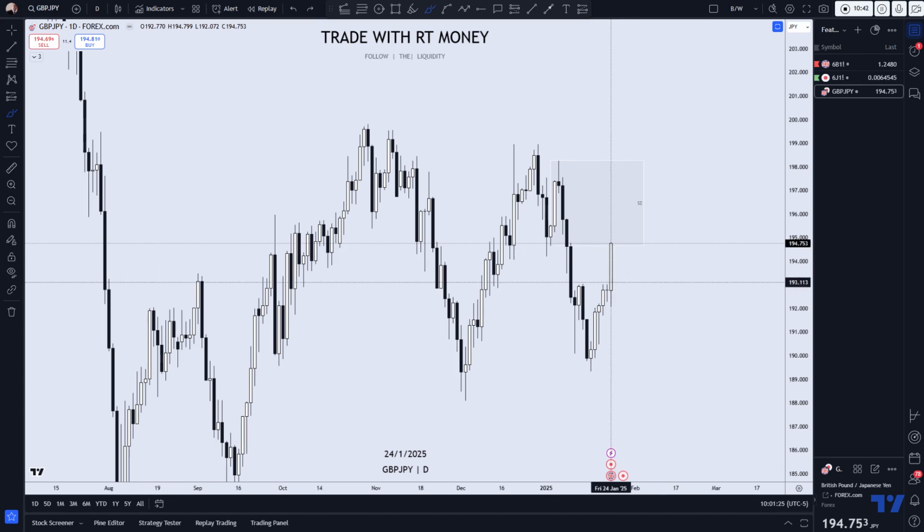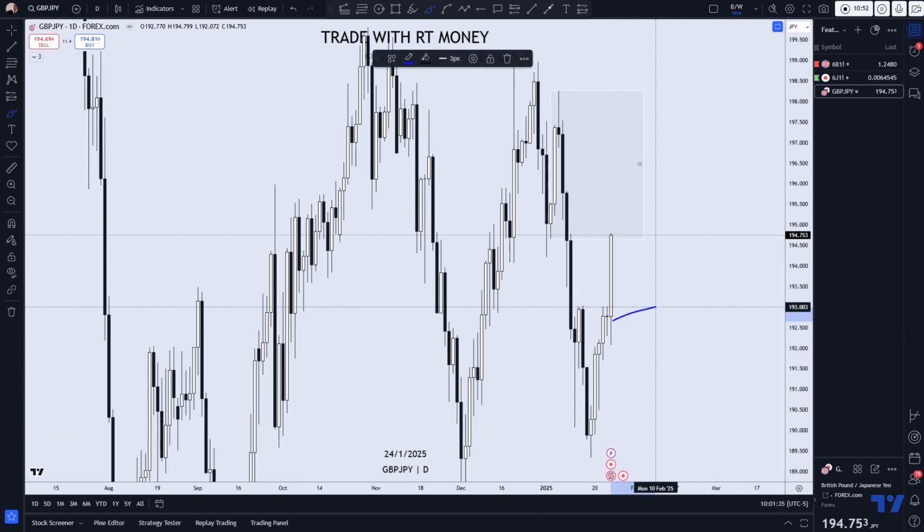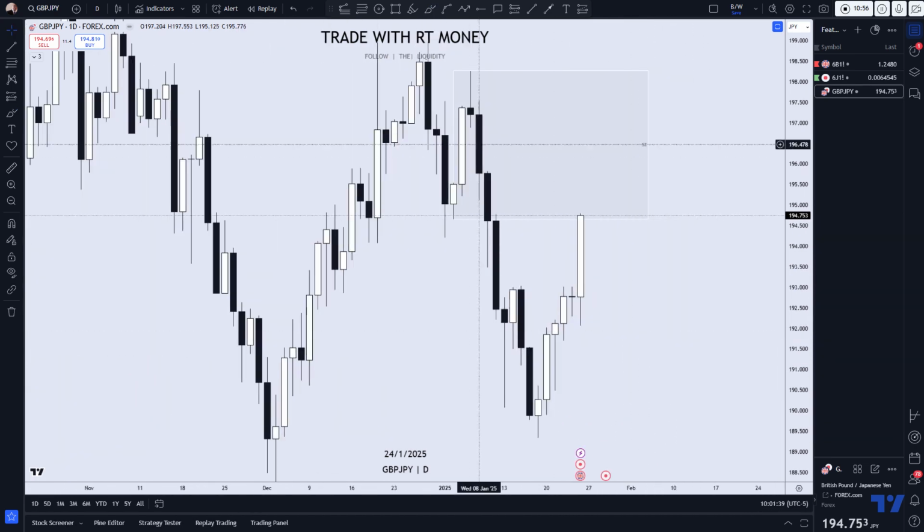I am thinking that you wait for a pullback, quite possibly to this area here. This is my protected low. Watch this now, this is very important. I'm going to give you this right now. I didn't put my thing on, I'm sorry.